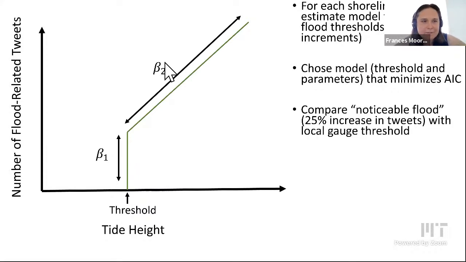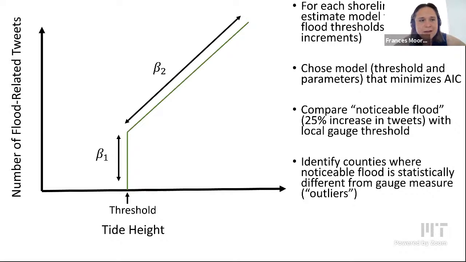And then given that best fit model, we define a noticeable threshold. We don't just take the threshold, but we actually define a noticeable flooding threshold, which is defined by just a 25% increase in flood-related tweets. And then we match the tide height of the noticeable flood threshold, defined relative to that county's nearest tide gauge.